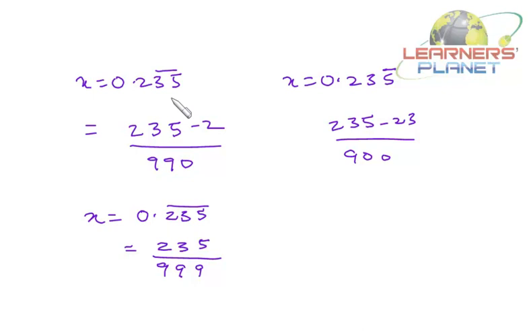You won't be taking much time to solve these problems. So it is 235, that is the complete number, minus the digits having no bar. Here 235 minus 23, that is the complete number minus the digits having no bars. Okay, so it's very simple to do. Okay friends, I hope you are clear with the problem.